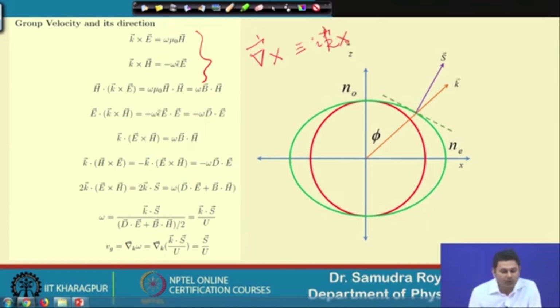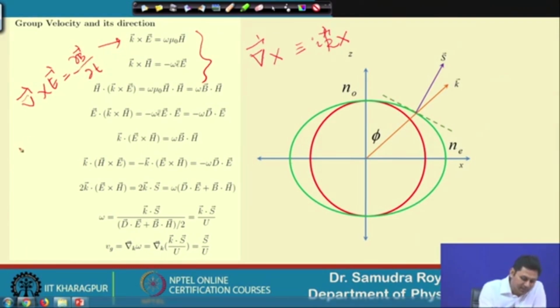For the Maxwell's equations, the two we are going to use, or have used, are: curl cross E is equal to minus del B del t, and that was the equation we used, it becomes this. Another equation is curl cross H is equal to del D del t. This is another equation that we used here.